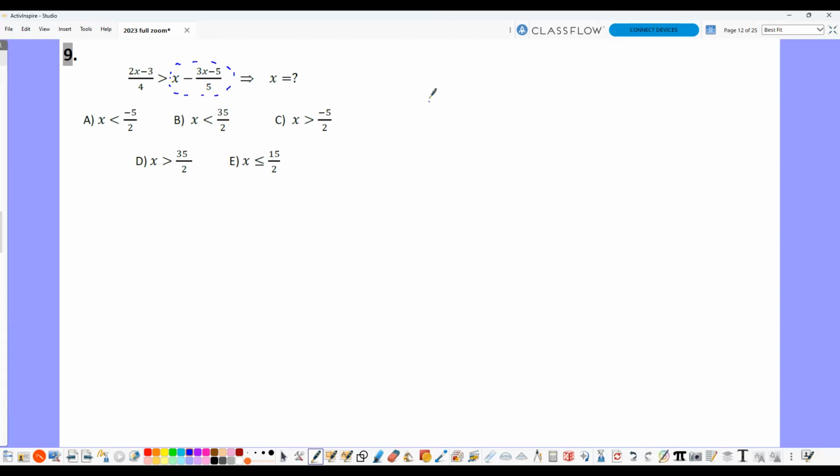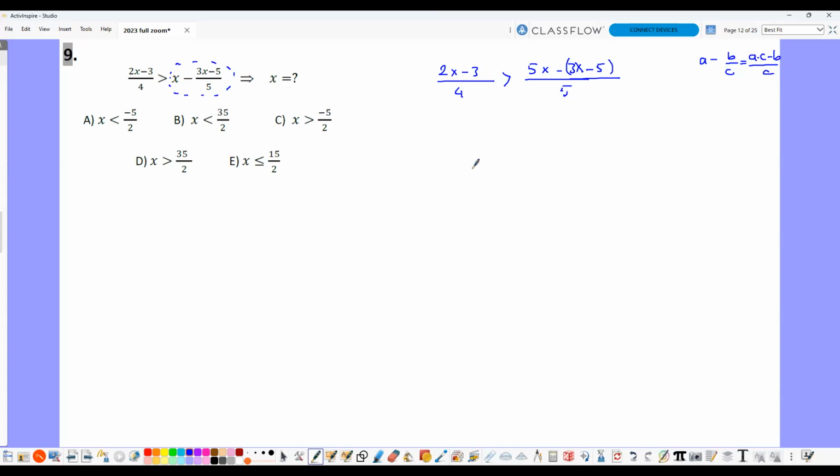Firstly, 2x minus 3 divided by 4 is bigger than 5 times x minus 3x minus 5 over 5, all over 5 it's going to be now, because we know this property, a minus b over c is equal to a times c minus b over c.